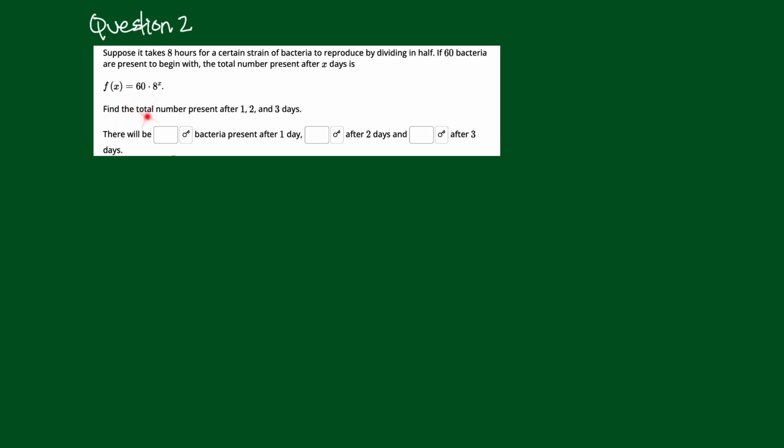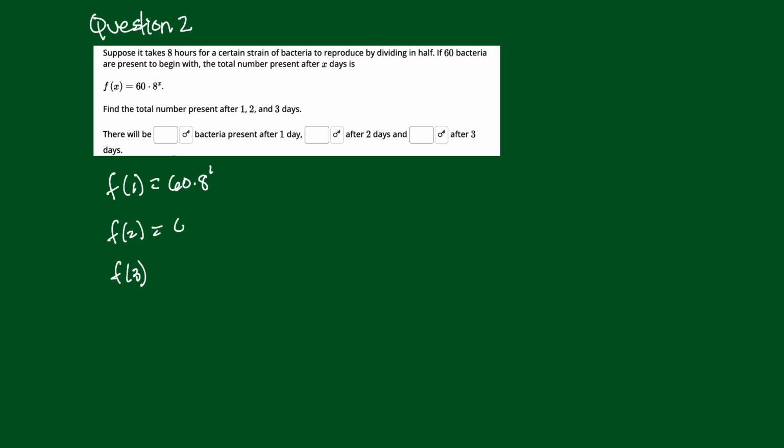Now, we are supposed to find the total present after 1, 2, and 3 days. So what we're going to compute is F of 1, F of 2, F of 3. Now F of 1 is going to look like this, 60 times 8 to the first.